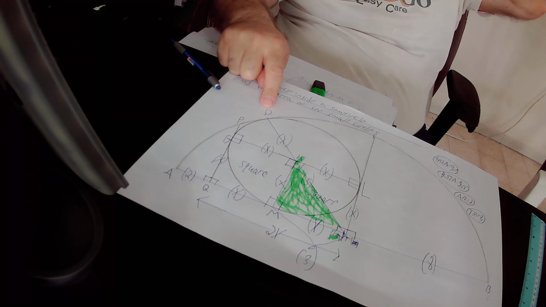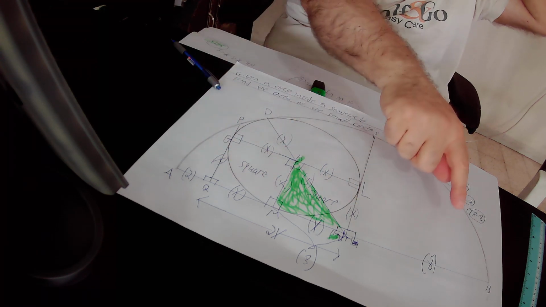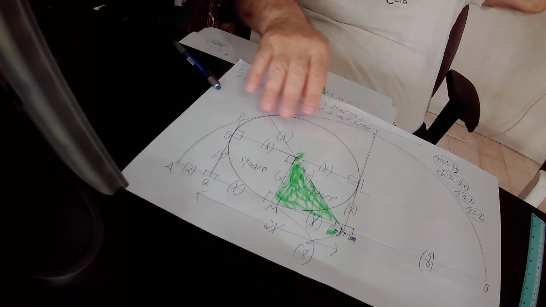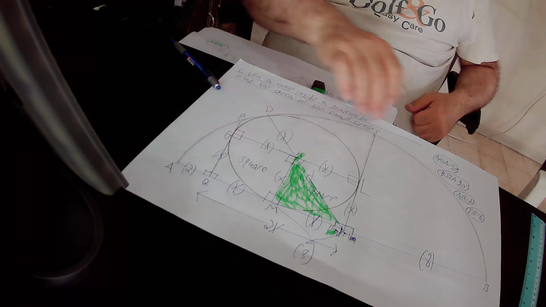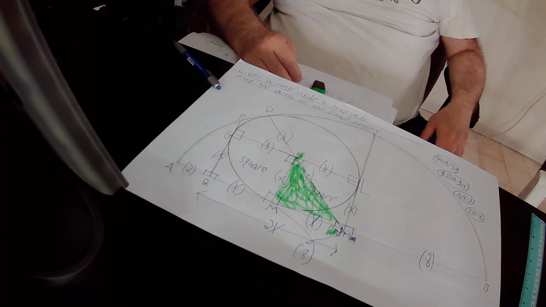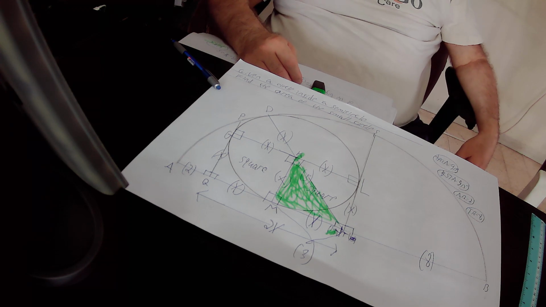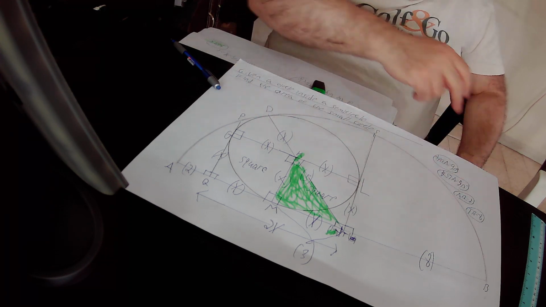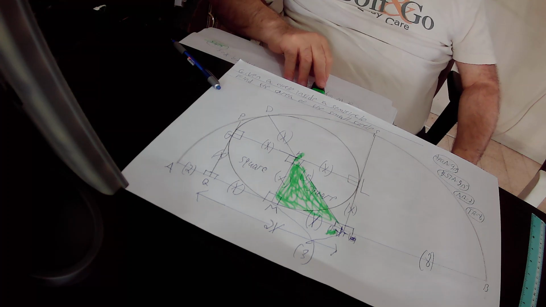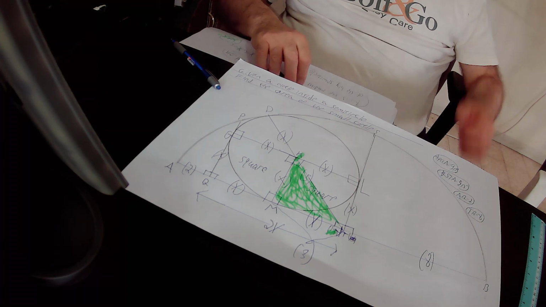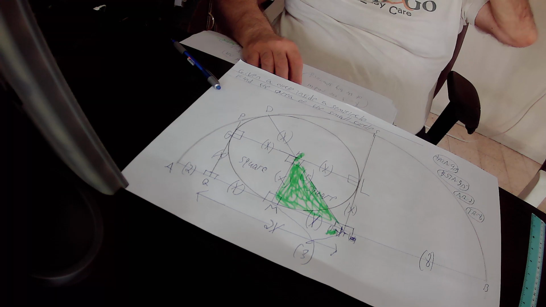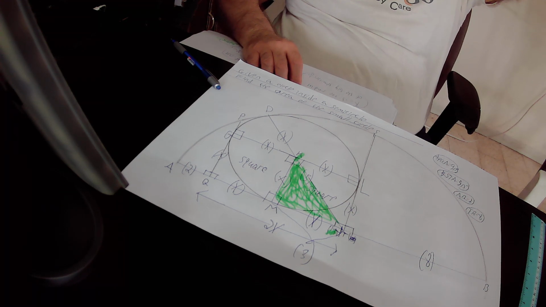Here, we know that AB is the diameter of this big semicircle. So AB is the diameter, and it is absolutely a straight line. Therefore, we can implement rule 3. According to rule 3, the sum of the angles on one side of a straight line is equal to 180 degrees.